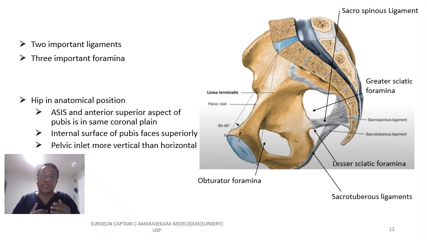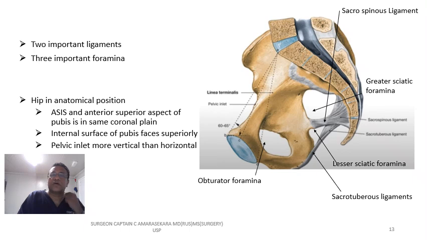Because of this arrangement, the pelvic inlet is more vertical than horizontal. This is important to understand fetal descent. So you see, it faces more superiorly rather than horizontally.